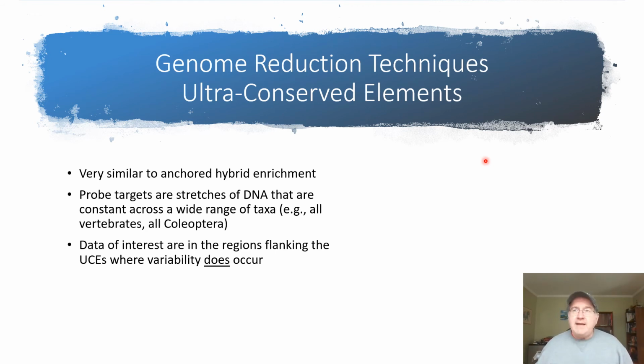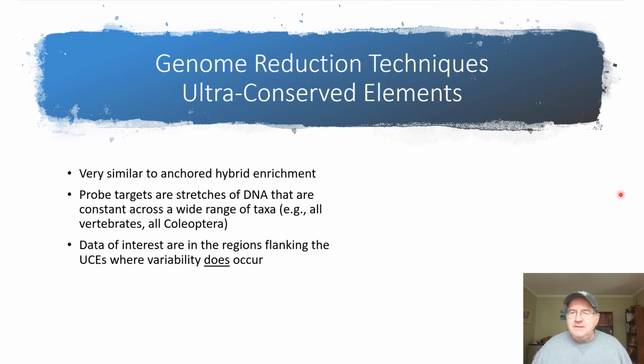So the real data of interest is not the sequence of the ultra conserved regions, but of the regions on either side of that. So we have an ultra conserved area of DNA, but it's flanked by DNA on the 3' side and the 5' side, that you're getting more variability, and that's where the data of interest lies.